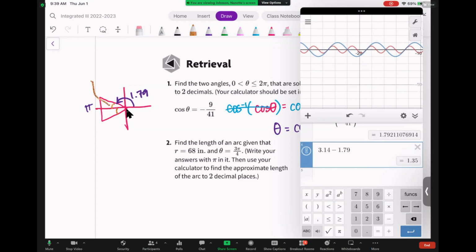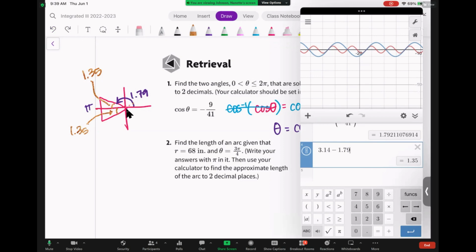So this angle in here is 1.35. Please do not think that 1.35 is your answer, because it's somewhere over here, and that's not the angle we want. So I'm going to erase that.